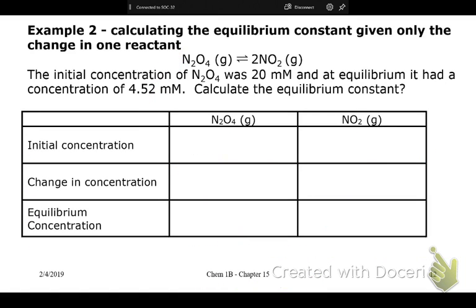So I know that Kc equals the concentration. It's the same one as before. The concentration is NO2 squared over N2O4.